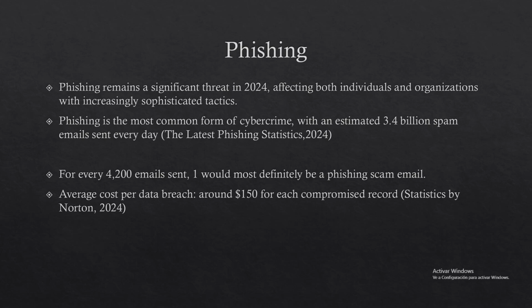Another data point about phishing is that for every 4,200 emails sent, at least one will most definitely be a phishing scam email. And then the average cost per data breach is around $150 for each compromised record.